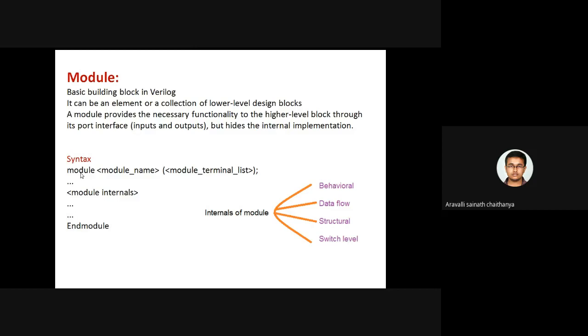This module, the ripple carry counter, will provide the necessary functionality to the higher level blocks if required. Otherwise, you can take the T flip-flop as a module. This T flip-flop is providing the necessary functionality of your ripple carry counter. That means to achieve the ripple carry counter functionality, the T flip-flop is serving as an agent.